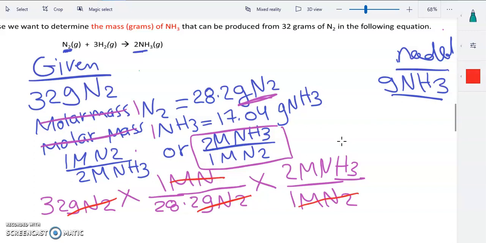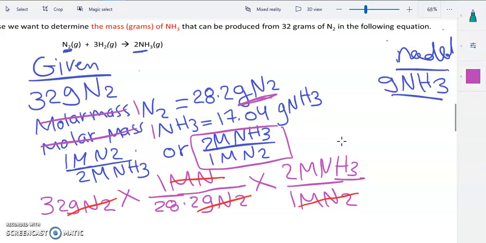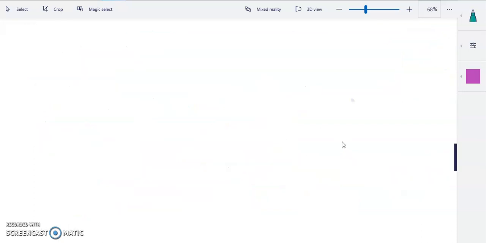Now we check, is this what we're looking for? Mole NH3? No, we need grams NH3. So we still have one more conversion factor to use. We need to get rid of mole NH3. So mole NH3 can be here because we need grams. We can use this actually. So 1 mole NH3, and on the top we can add 17.04 grams NH3.